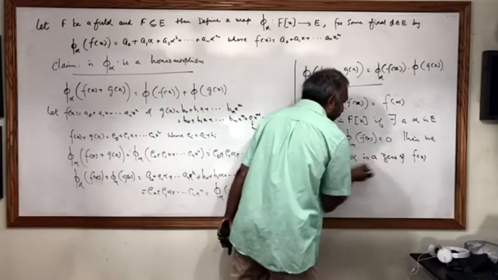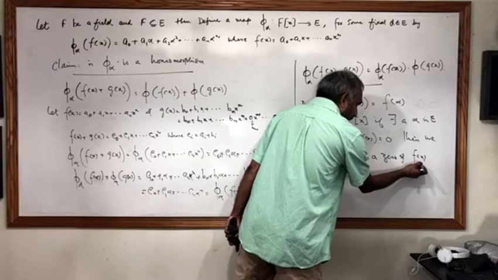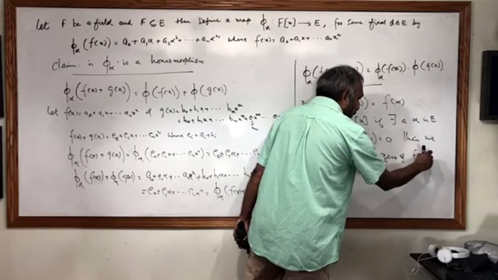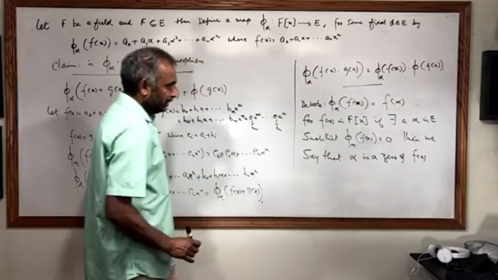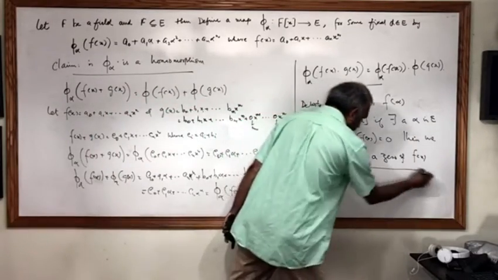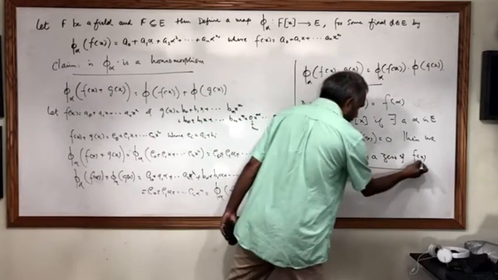Alpha is a 0 of f(x) means f(x) is a polynomial, and when you solve the polynomial, one of the values of the indeterminate is alpha. So this is another way of saying the solution of a polynomial. Alpha is a 0 of f(x).